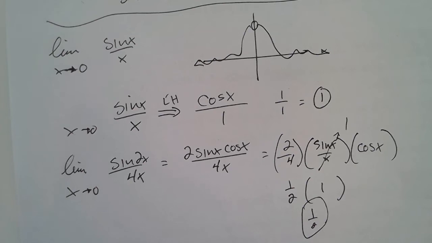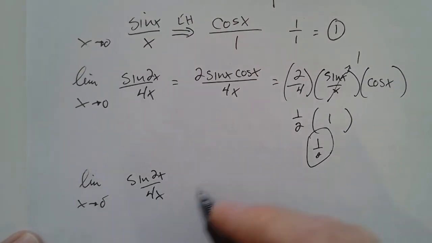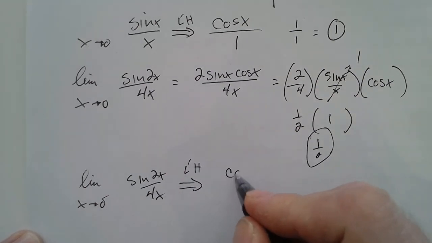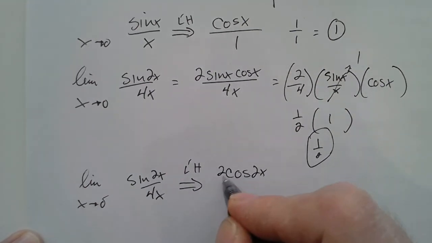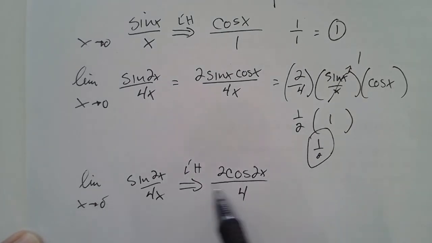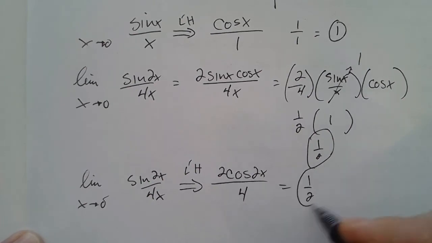New way, L'Hopital's. 0 over 0, apply it. The derivative of the top is cosine of 2x times 2. The derivative of the bottom is 4. And you can plug 0 in. Cosine of 0 is 1, so 2 over 4, which is 1/2, just using L'Hopital's.